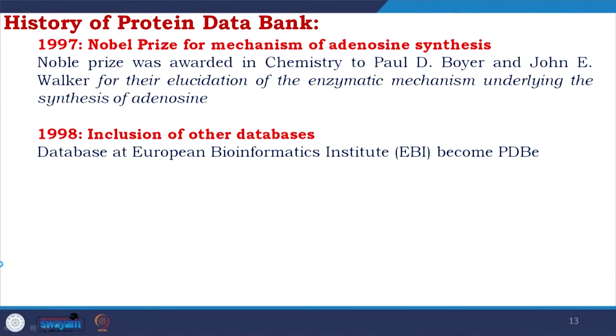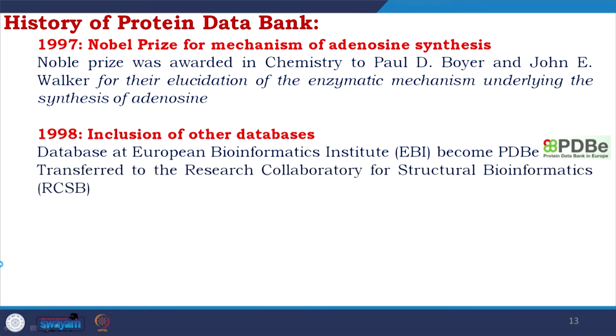The database at the European Bioinformatics Institute, the EBI, became PDBe or PDB Europe. This is the logo of PDBe, Protein Data Bank in Europe. The original was transferred to the Research Collaboratory for Structural Bioinformatics, or RCSB.